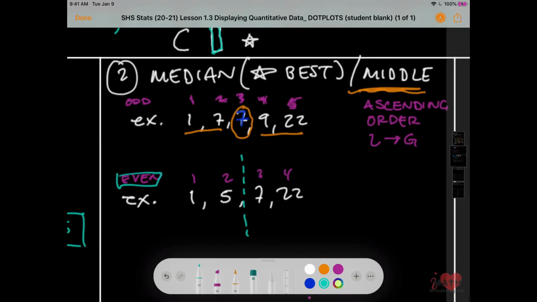And what you have to do here is find the average of those 2 numbers. So 5 plus 7 divided by 2, what we just did in the previous problem. So 12 divided by 2 is 6. 6 is my median. Now you might say there is no 6 in the list of numbers, and that's correct. But to find it on an even set of data, you have to find the average between those two numbers. So the first example was odd because there were 5 numbers. But in the second example, I had 4 numbers, and you have to find the average of those two because there is no middle number there.